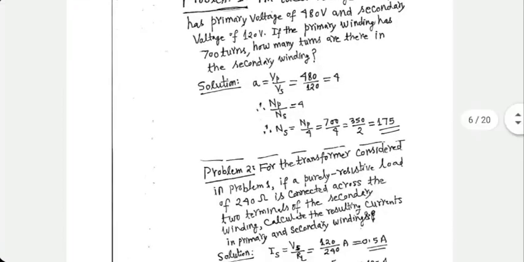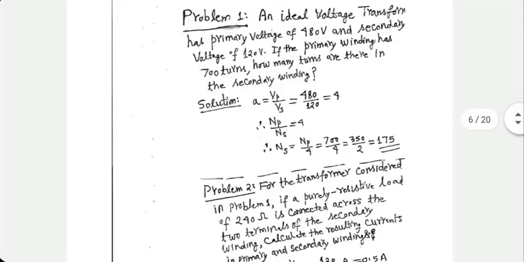Second problem. For the transformer considered in problem 1, if a purely resistive load of 240 ohm is connected across the two terminals of the secondary winding, calculate the resulting currents in the primary and secondary windings. The primary input voltage is 480 volts and the secondary voltage is 120 volts.